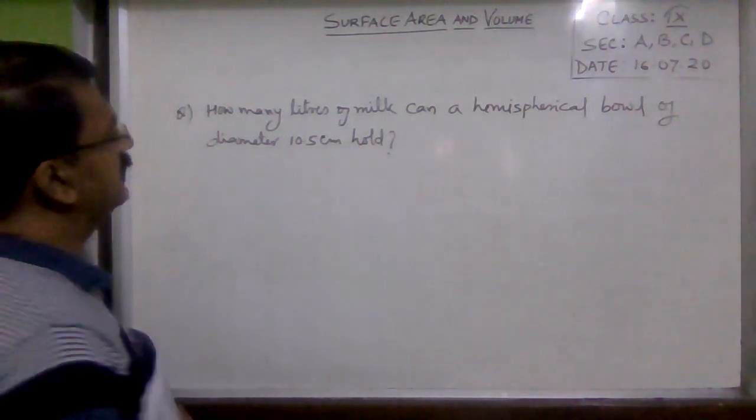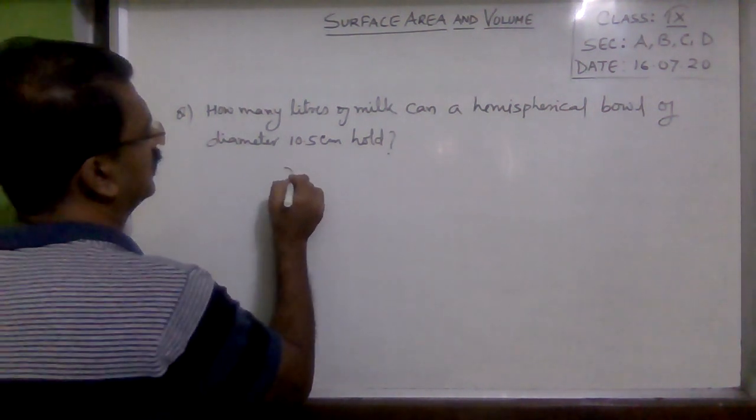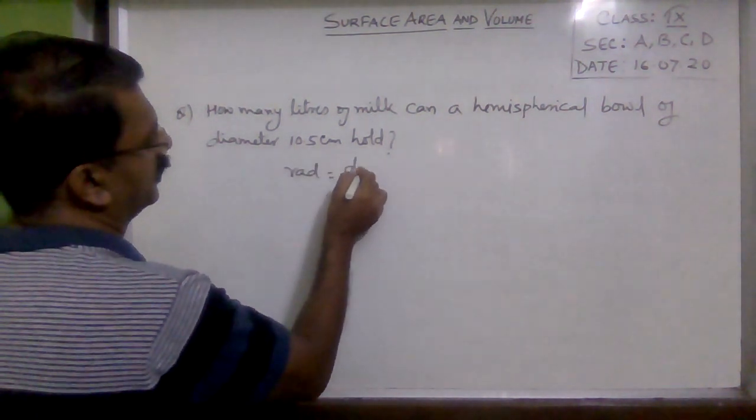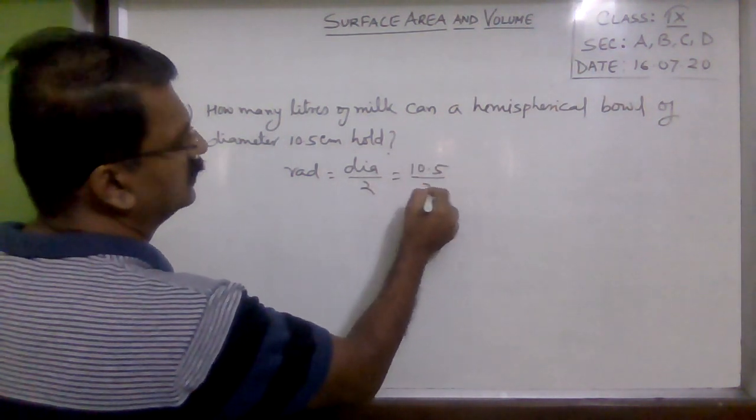So the diameter is given 10.5 centimeter. So the radius will be diameter upon 2, that is 10.5 by 2 centimeter.